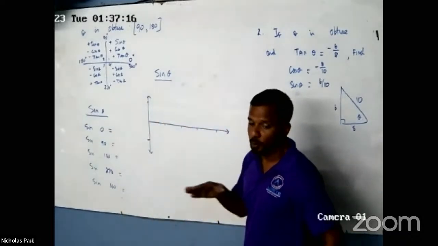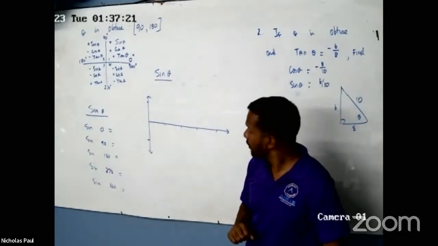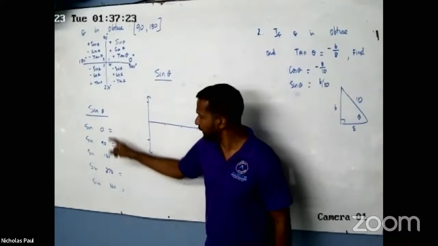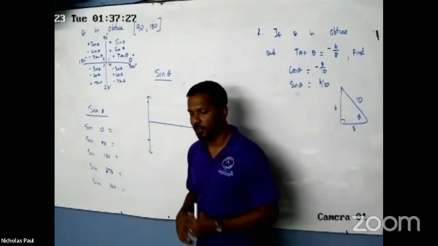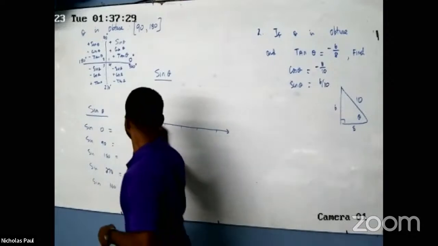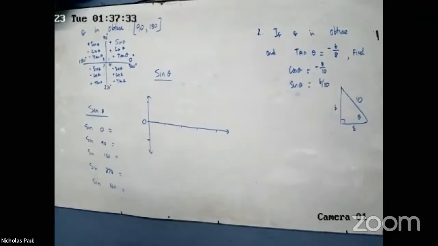Once you know those values, it gives you an idea of how the shape of the graph will look. So let's do it on paper in degrees, work out all these splits, and then we're going to do a quick sketch of the sine graph.